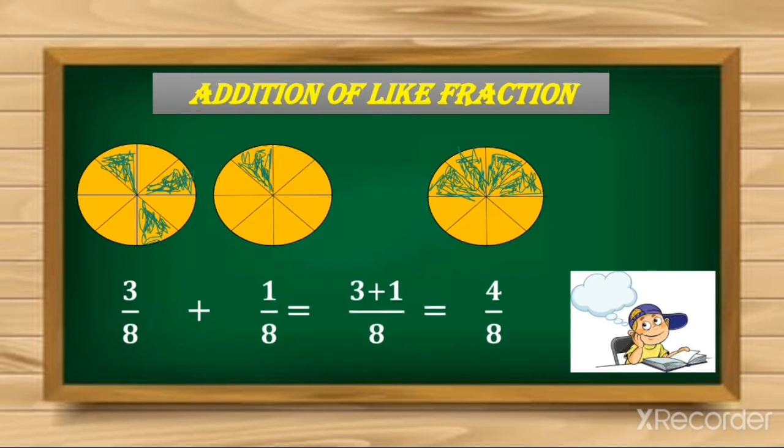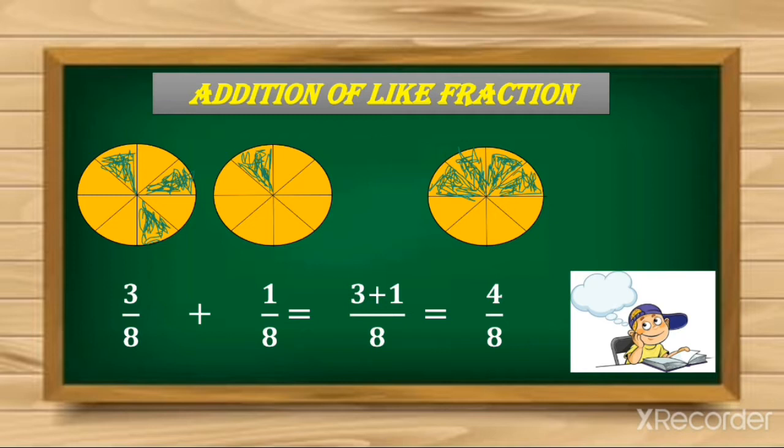So, the fractions of this we will write as, first figure 3 upon 8, because there are total 8 parts in the figure and I have colored only 3 parts. In the second figure, again there are 8 parts and I have colored only 1 part. So, we will do 3 upon 8 plus 1 upon 8 is equal to.